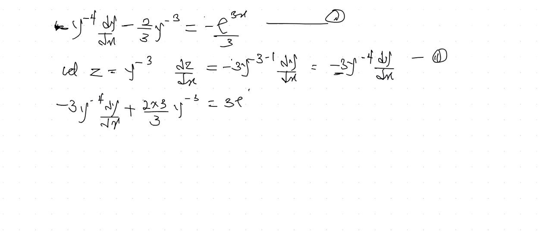We remove the 3s, and we have minus 3 y raised to the power of minus 4 dy/dx plus 2y raised to the power of minus 3, which is equal to e raised to the power of 3x.